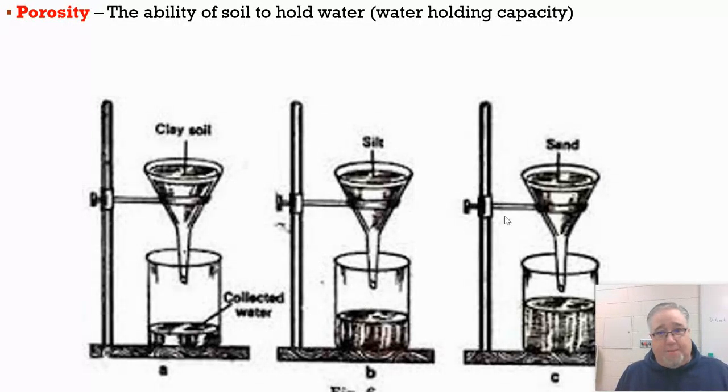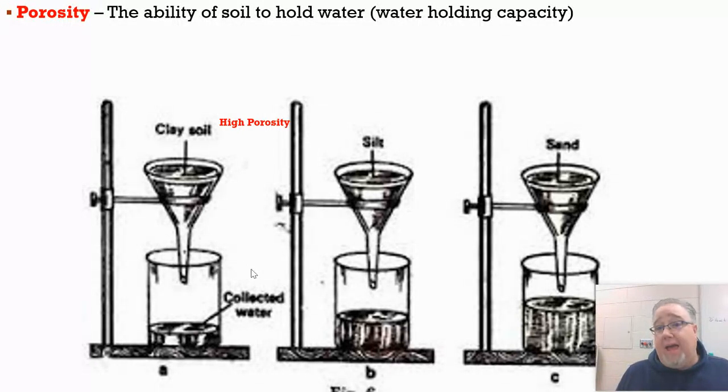You can probably see in the picture. Let's say we poured the water in at the same exact time. You can see that the sand allowed the water to drain through much faster than, let's say, the clay did. Okay, you can see that from the picture.